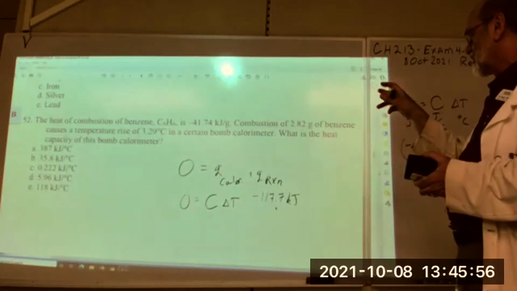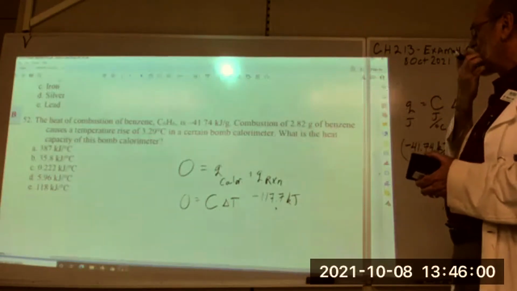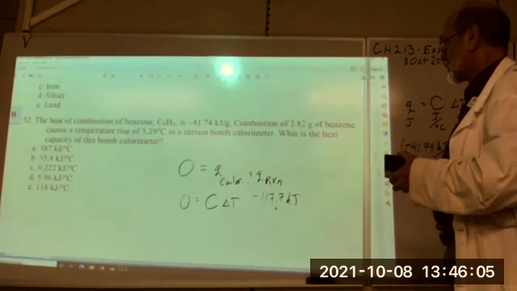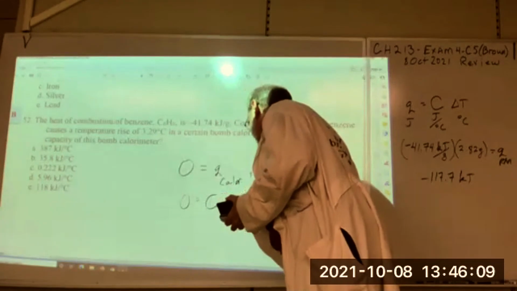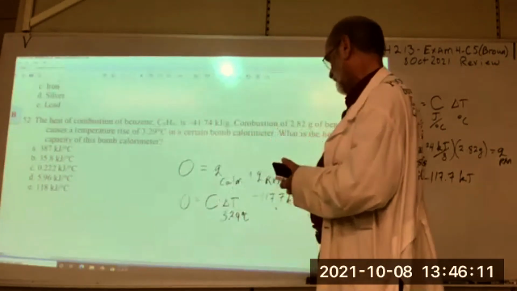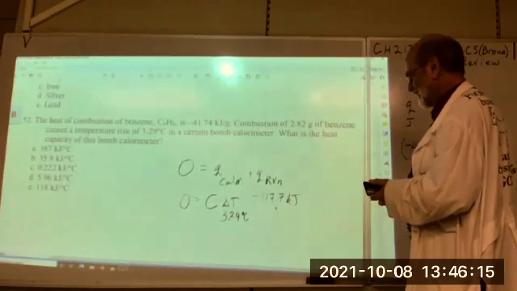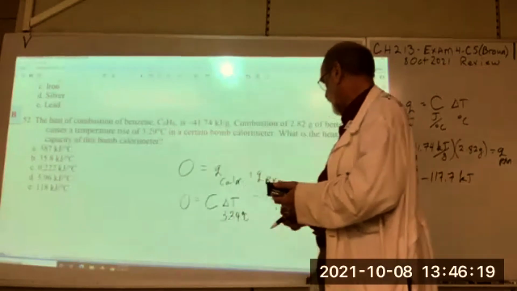What's the capacity? Causes the temperature rise of 3.29 degrees C in the calorimeter. So the temperature change is given to us, 3.29 degrees C. Okay. So we just take this one on the other side, make it positive, and divide by 3.29.